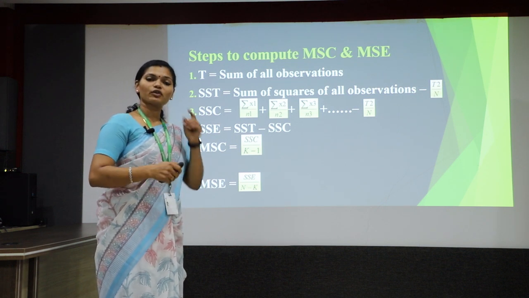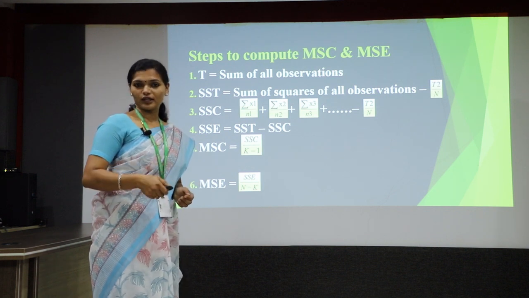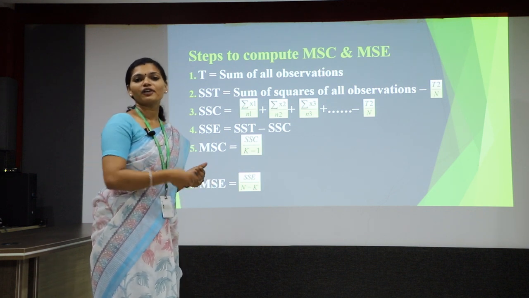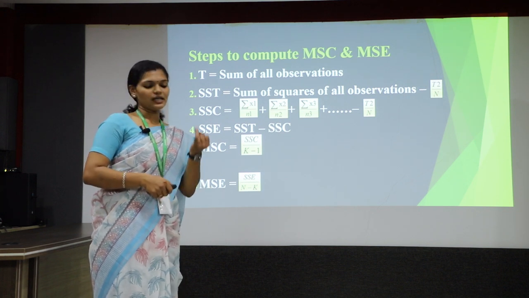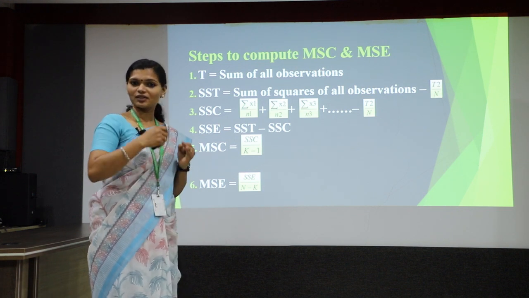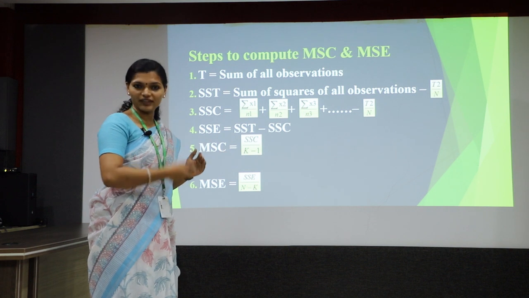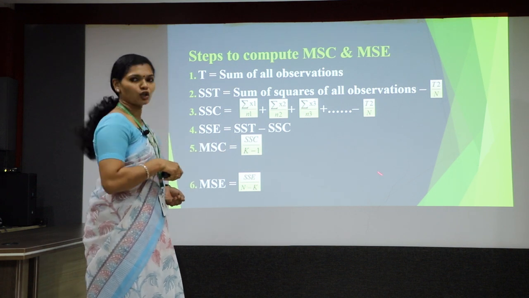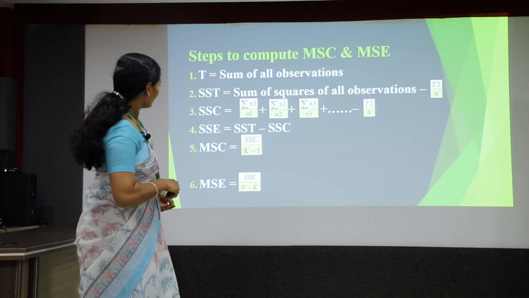But you can also remember it this way: C for column, T for total, and E is the difference between T and C. Actually this is not the definition. The definition is C for between sample, E for within sample, and T is the total itself, among sample or total.